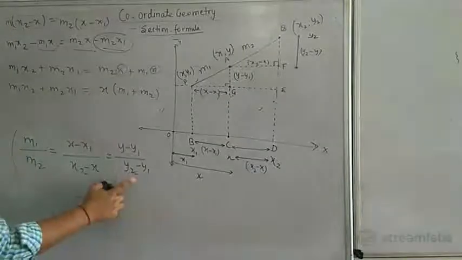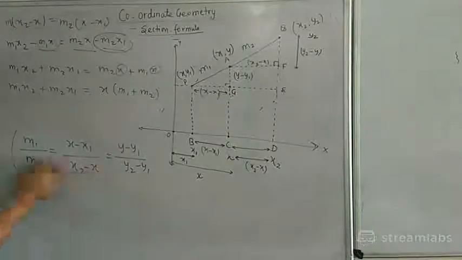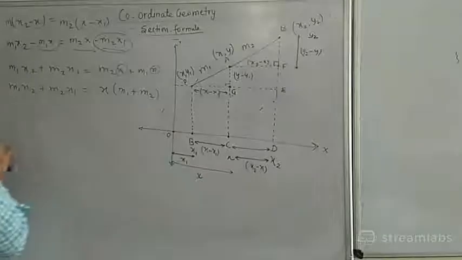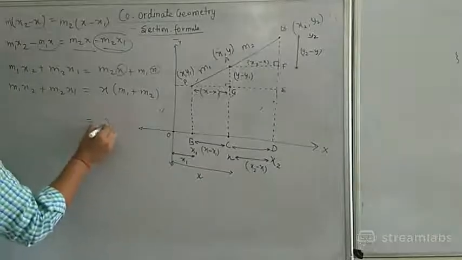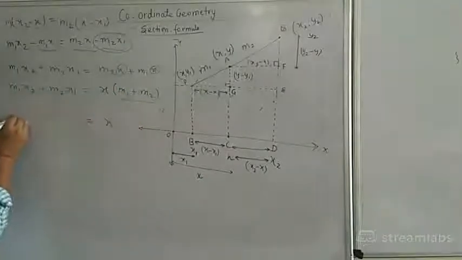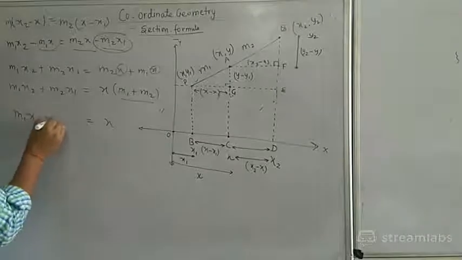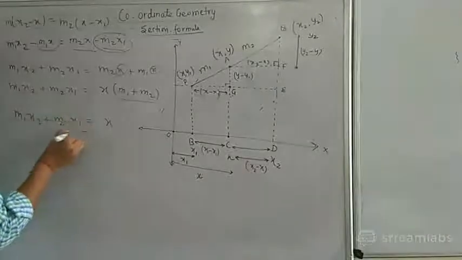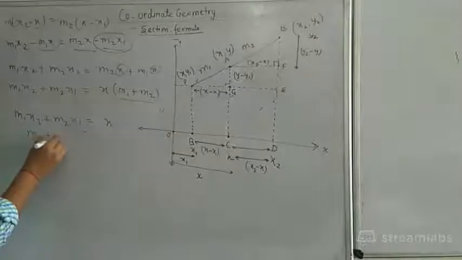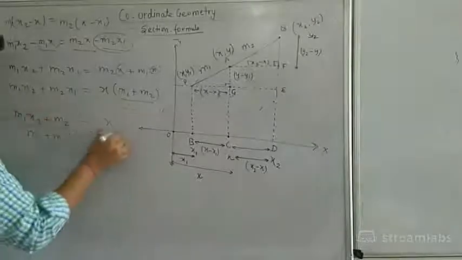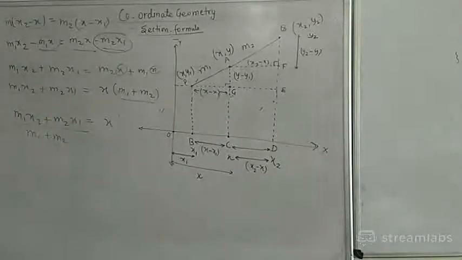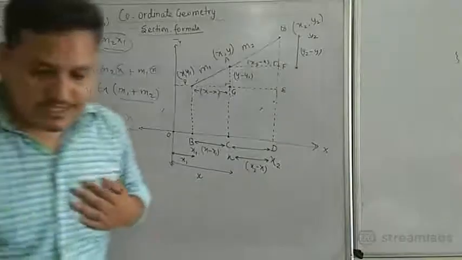Okay, so note this condition. Now what is the value of x? Taking this part in the denominator, x is equal to M1 x2 plus M2 x1 upon M1 plus M2. This formula is formed here for the value of x.